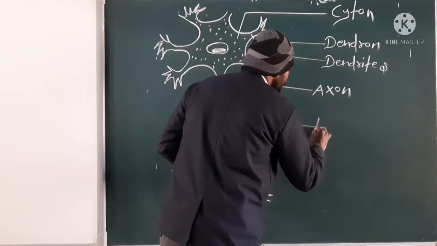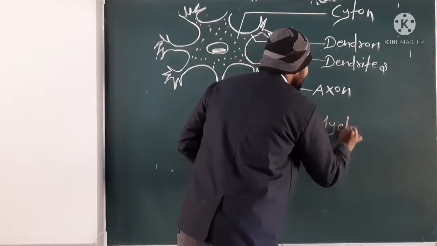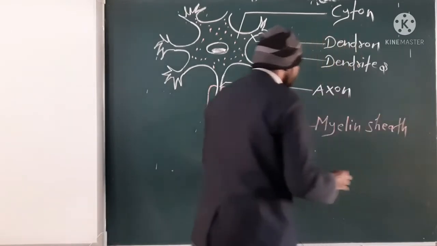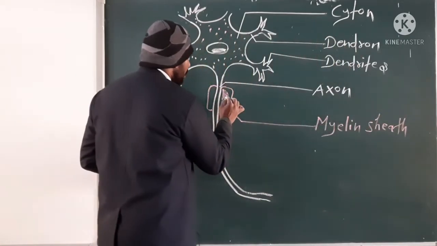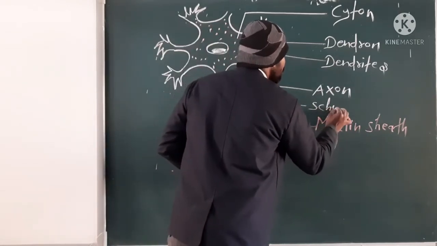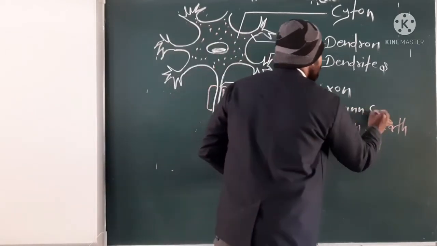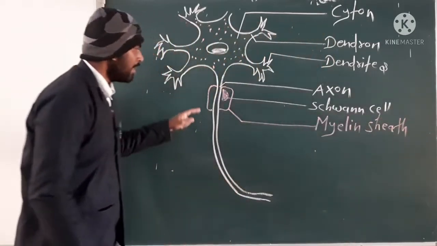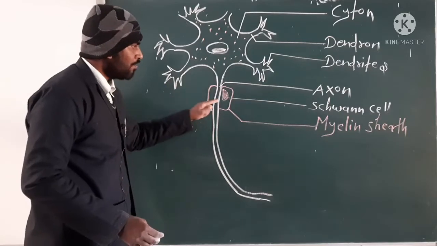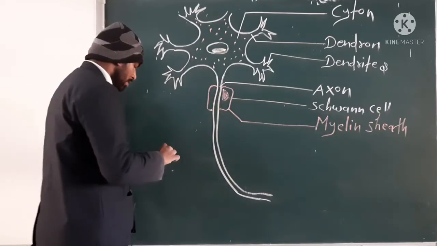I am writing here, bachon. This is myelin sheath, and this is the cell which is called Schwann cell. Okay, and this axon may or may not be covered with Schwann cell or myelin sheath.